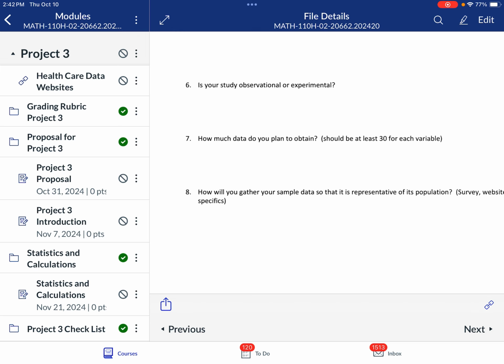This also starts the dialogue between you and me to make sure we understand if this might be too hard to do, or to give some ideas or suggestions on how to improve it. This is also something that can always be changed. A lot of times students, because these are your own ideas, start this and then realize partway through that they don't really want to do this project anymore and would like to do something different.